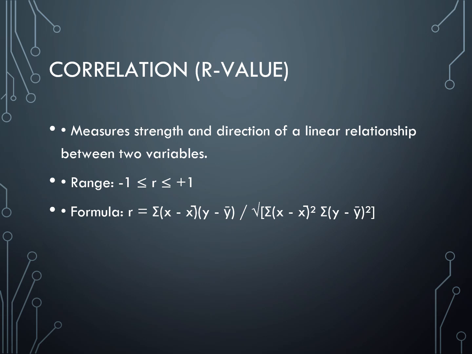R equals -1 is perfect negative correlation. R equals 0 is no correlation. For example, if height and weight have R equals 0.894, it shows a strong positive correlation. As height increases, weight tends to increase too.